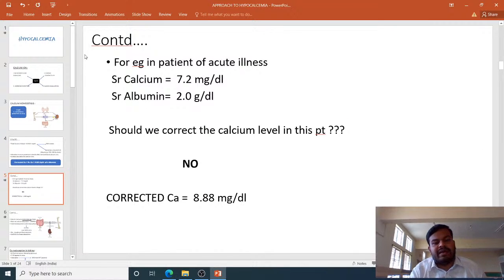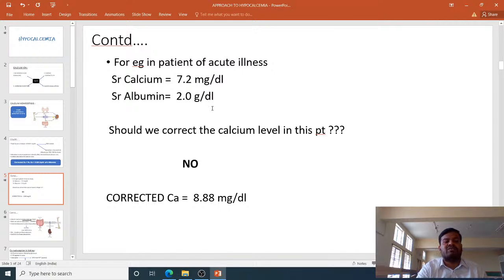For example, if the patient is in an acute illness and the serum calcium is 7.2 and the serum albumin is 2, should we correct calcium in this patient? Absolutely no. We should not be correcting the calcium in this patient because the serum albumin is very low.